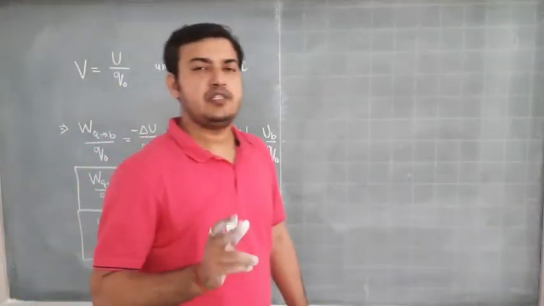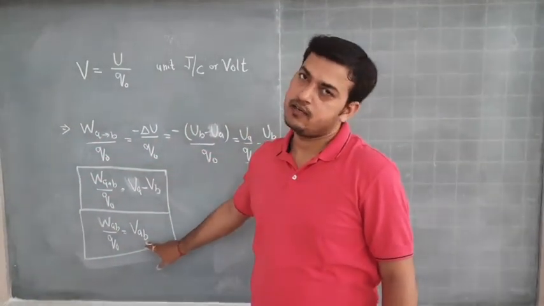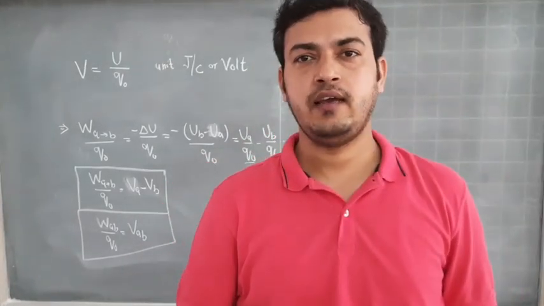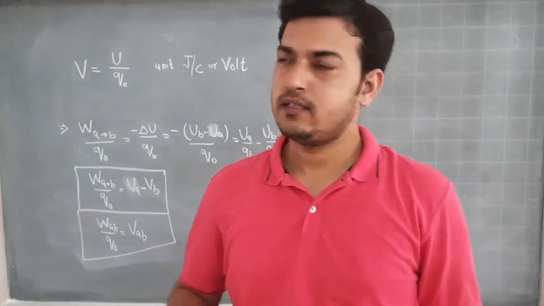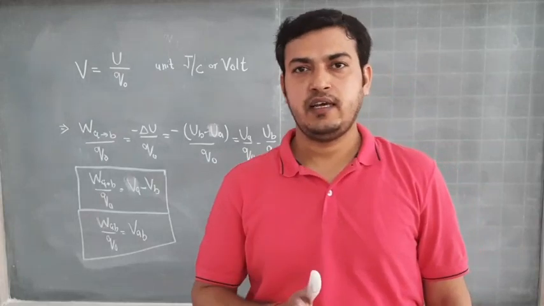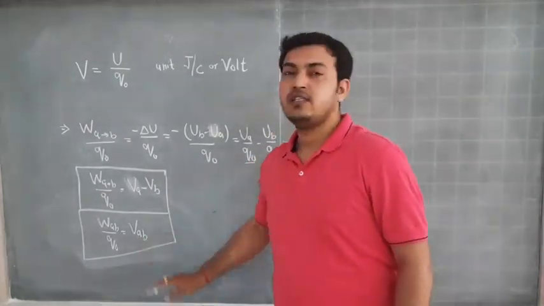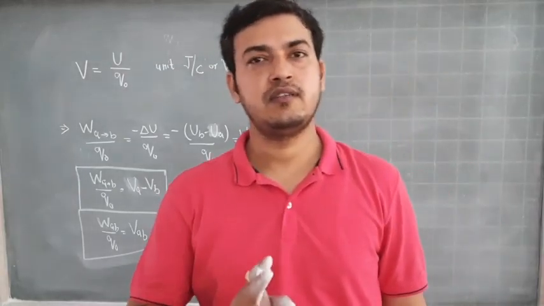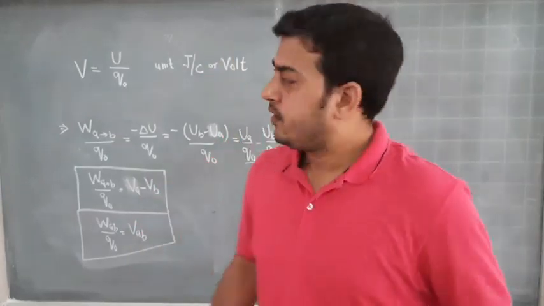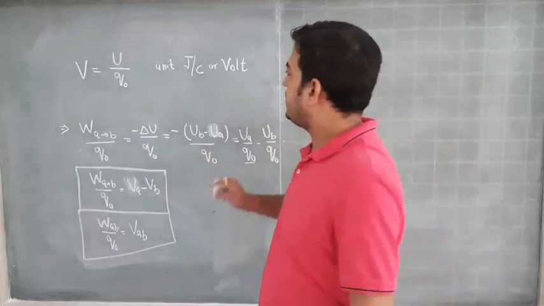VAB is the potential of point A with respect to point B. So if I move a charge from point A to point B, then the work done in moving the test charge from point A to point B per unit charge gives me the potential difference between those points. Now, this is the basic definition of electric potential.